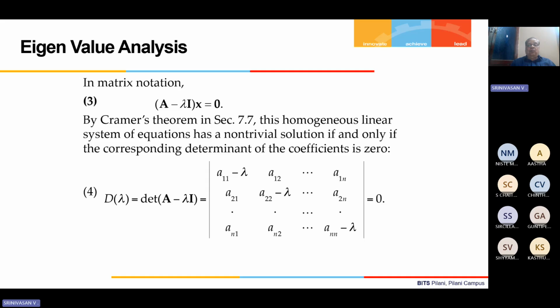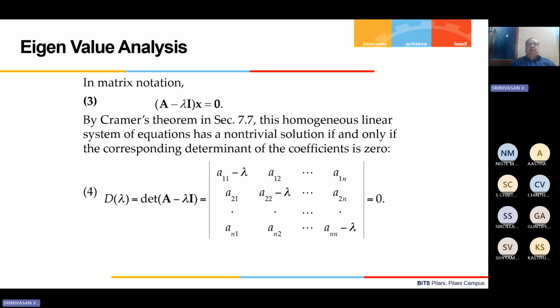So what's happening? This is a homogeneous linear system of equations, isn't it? Ax equal to 0. We have seen enough of solving systems of homogeneous linear equations. This has a non-trivial solution if and only if the corresponding determinant of the coefficients is 0.